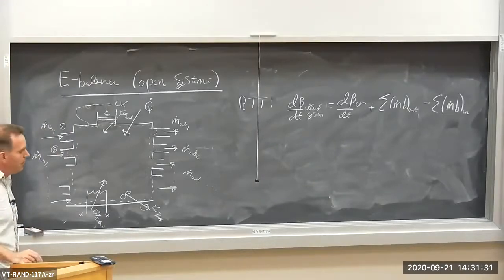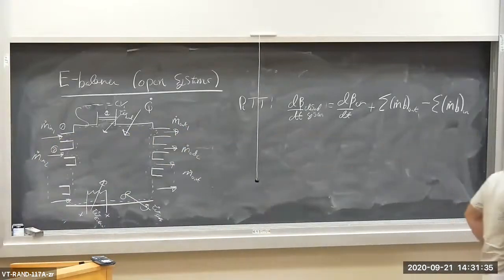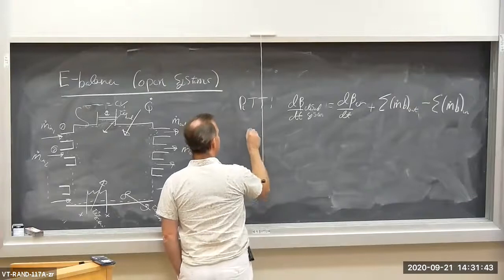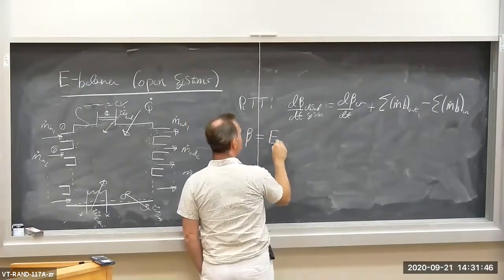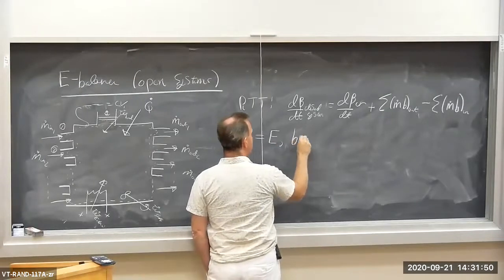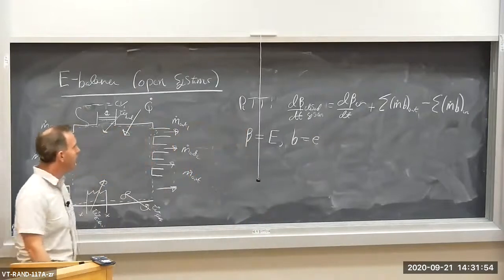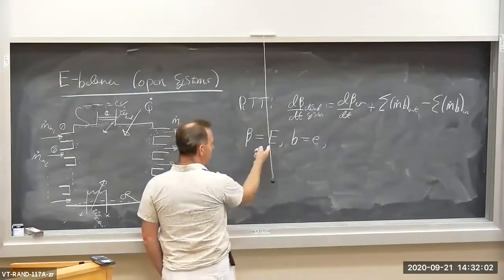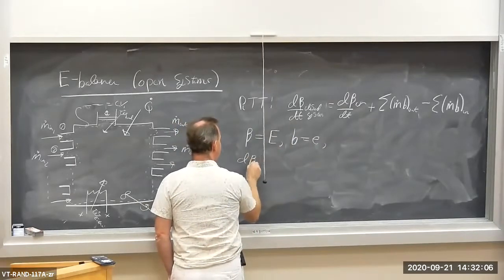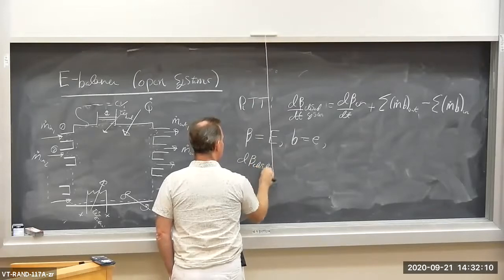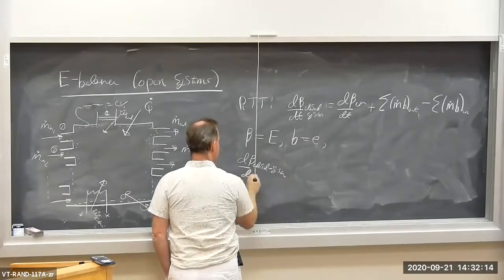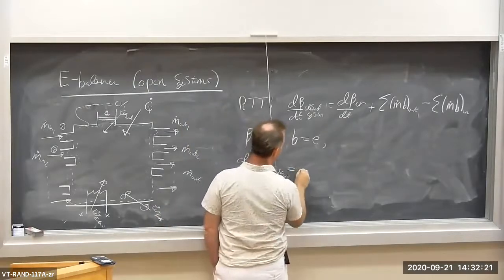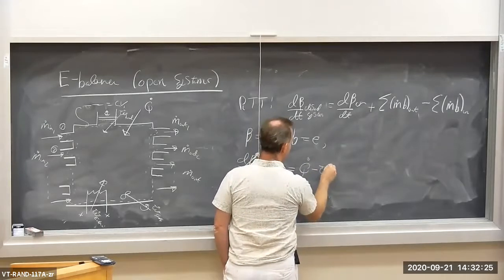All right? Now, in this case, if you go back and look at that chart we had a long time ago, I think it was in the last lecture, if we apply this to energy, what we're saying is beta is equal to total energy, lowercase b is equal to energy per unit mass, so that's lowercase e, and the time rate of change of energy within my closed system, d beta dt, in this case dE dt, is equal to the heat added minus the work done.